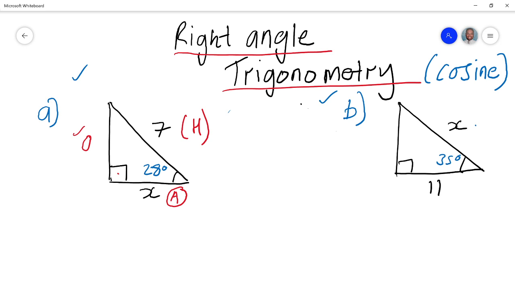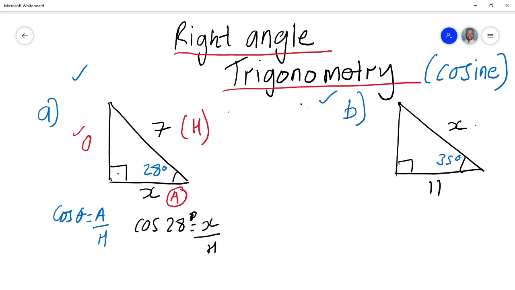So what ratio has adjacent and hypotenuse? That is cosine. What we do there is we write down the formula: cos theta is A over H. Next we need to substitute: cos 28 degrees is X over H, because the trigonometric ratio is cos is A over H. Now, if you remember from the previous video, when you're told to find the numerator, you just have to multiply.